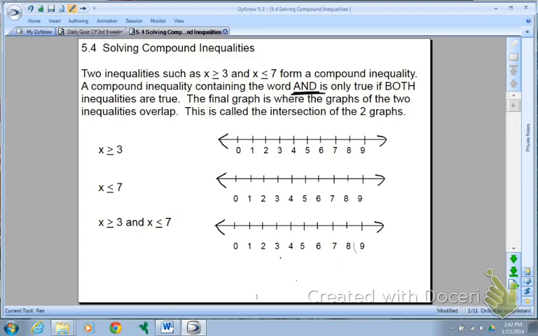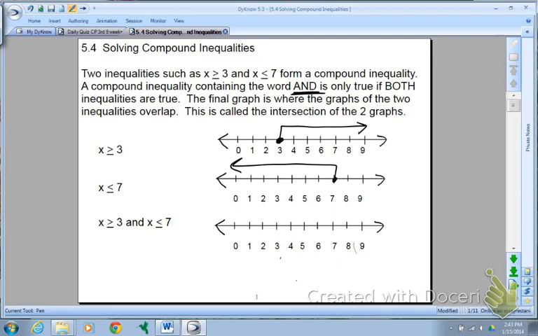So let's look at x is greater than or equal to 3. Would we have an open or a closed circle at 3? Closed circle at 3, and it goes to the right. Now right below that, x is less than or equal to 7. It's going to be a closed circle, and it would go to the left.